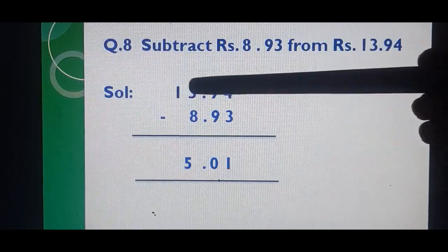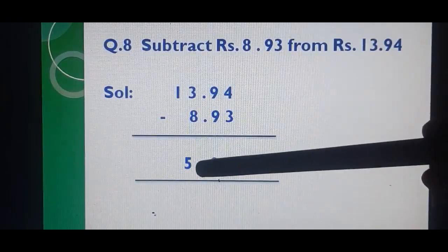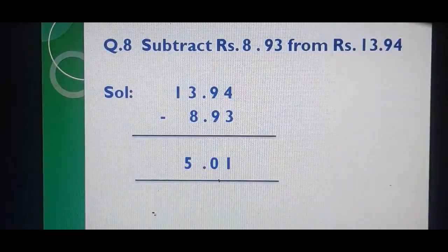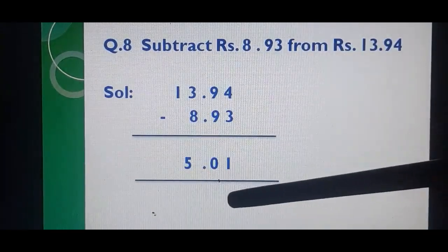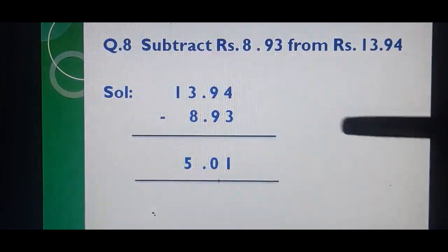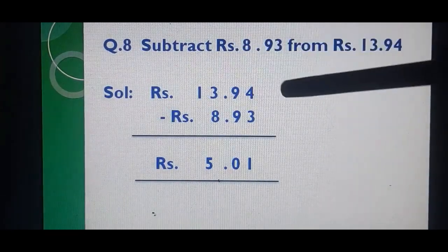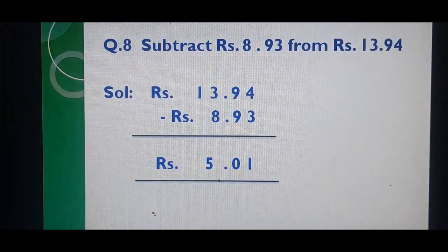So it will borrow 1. 13 becomes 12, 12 decimal 8... the result is 5. 0 was there, so if you want, you can write it as 0. So our answer is 5 decimal 01. As rupees is given in the question, we have to write rupees also in our solution. So rupees 5 decimal 01 is our answer.